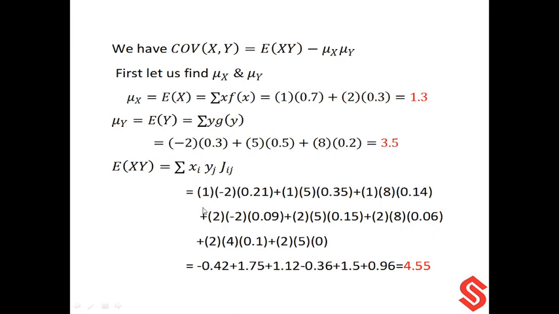So taking the first row, we get x1 y1 j11 plus x1 y2 j12 plus x1 y3 j13 plus x2 y1 j21, x2 y2 j22, x2 y3 j23, and substitute these values, we will get 4.55, that is expectation of xy.